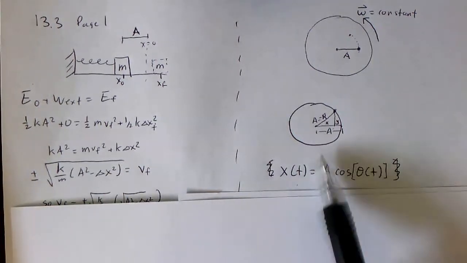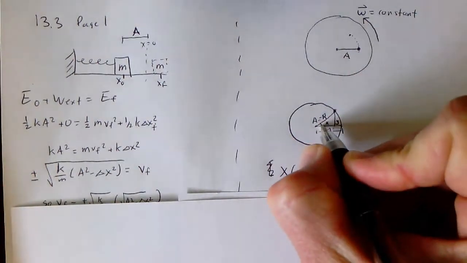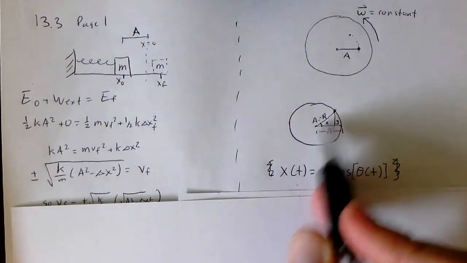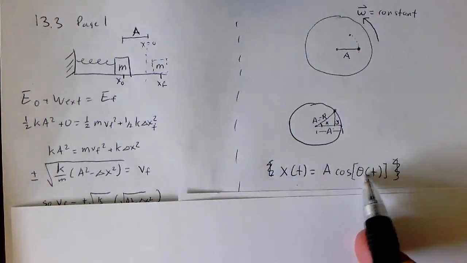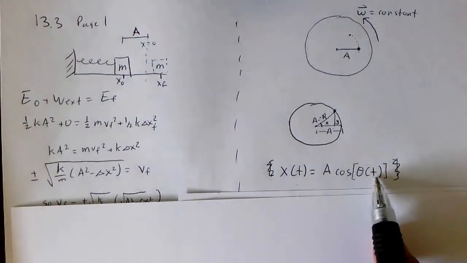But just real quick, if you make this angle in there theta, x is a, which is the hypotenuse, cosine of theta. But theta keeps changing because this thing is rotating, right? So theta is really a function of time.